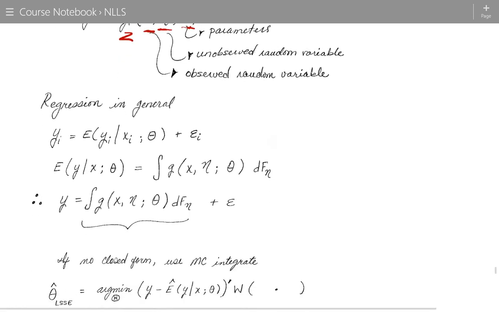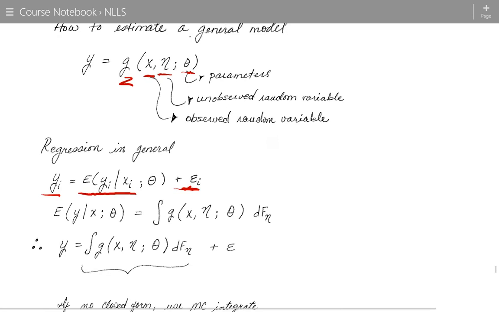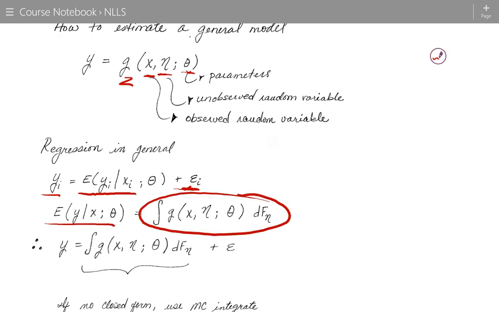Now, our regression in general is y is equal to the expected value of y given x plus some error term. In this case, the expected value of y given x is the integral of this function with respect to the distribution of the unmeasured quantities, which in this case is eta.